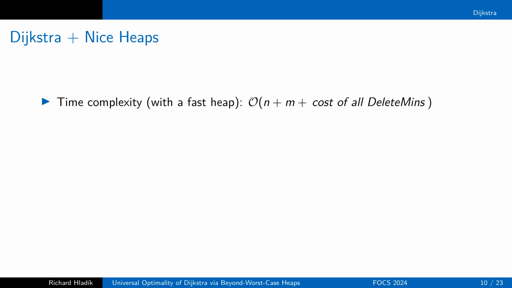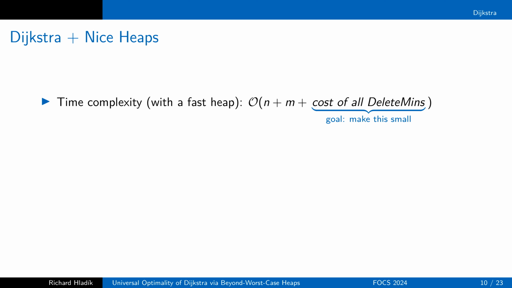First of all, if we analyze Dijkstra, it turns out that its time complexity is linear plus the cost of all the delete-min operations. Here we can already see that having a working set heap can help us, because the only thing that the working set definition says is that the delete-mins can be cheaper sometimes.